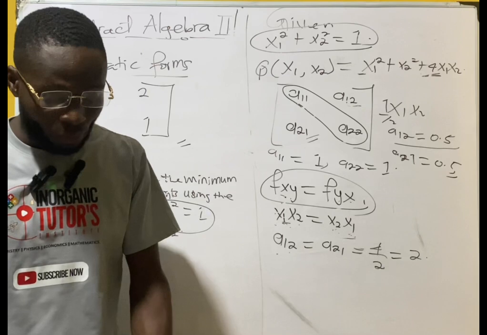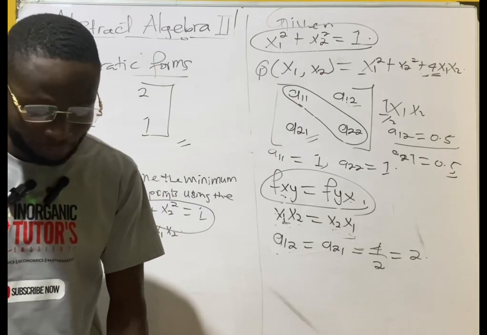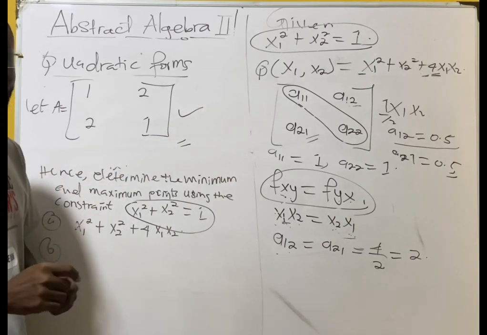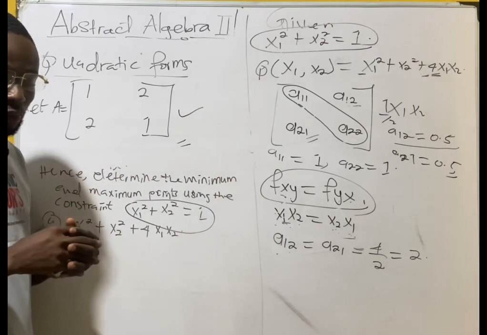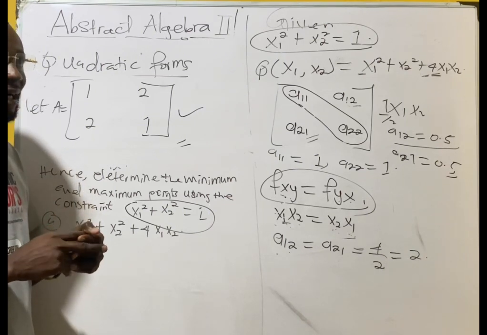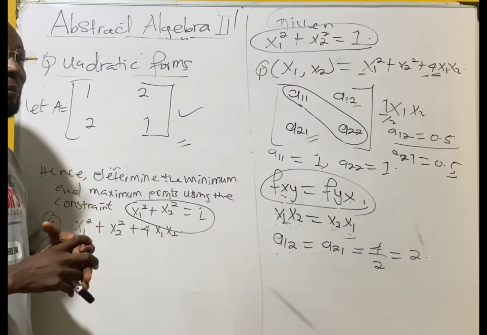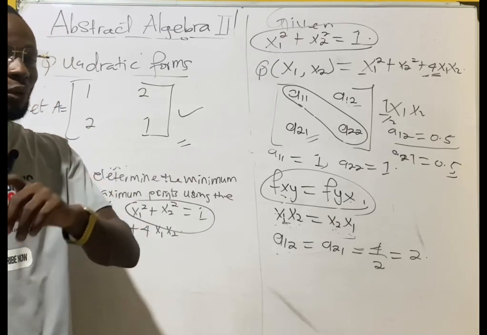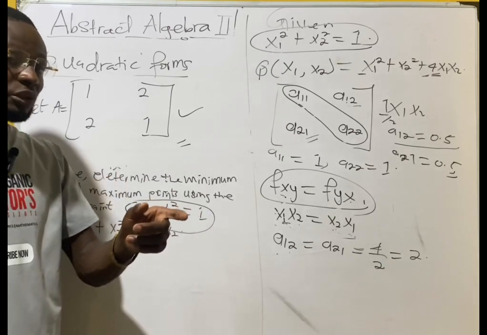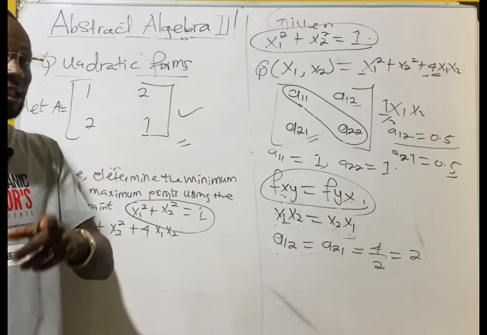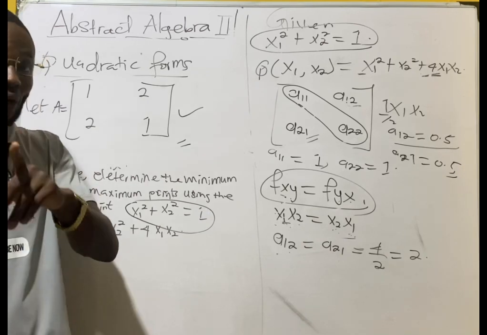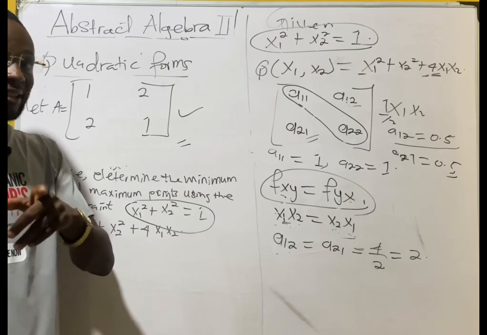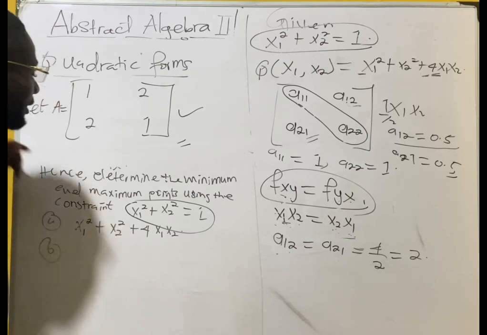We already have the matrix representation, so we have to find the eigenvalues to be able to determine the minimum and maximum points. I already told you that the maximum point represents your largest eigenvalue, and the minimum point represents your smallest eigenvalue. So let's go ahead and do that.